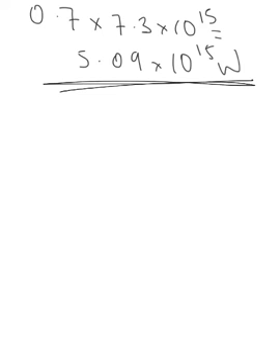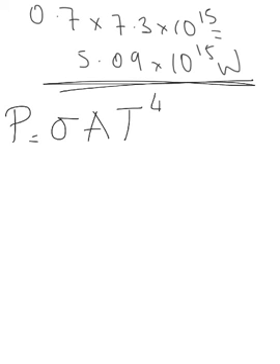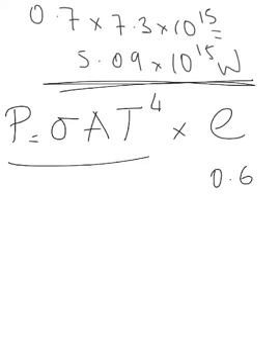And if this was a perfect black body, then that would be the end of the story. But it's not. So we need to look at the following relationship. P equals, which is for a perfect black body, times the emissivity. Now, more or less, the emissivity of the Earth is about 0.6. There are more accurate values, but that will do for now.